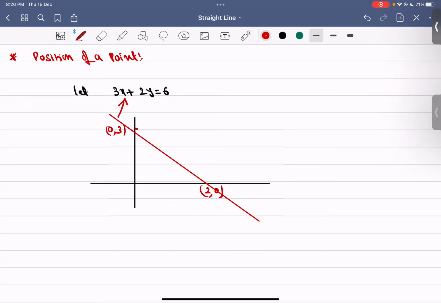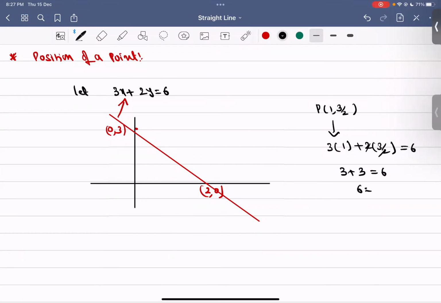Now suppose on this line you take a point, say p, 1 comma 3 by 2. If you put 1 comma 3 by 2 in the line equation, 3 into 1 plus 2 into 3 by 2 is equal to 6. That is 3 plus 3, the 2s cancel, is equal to 6.